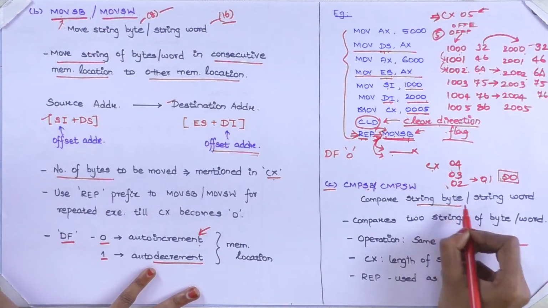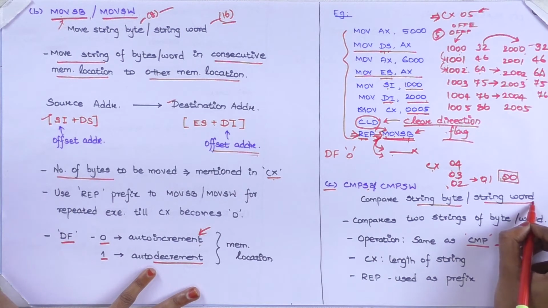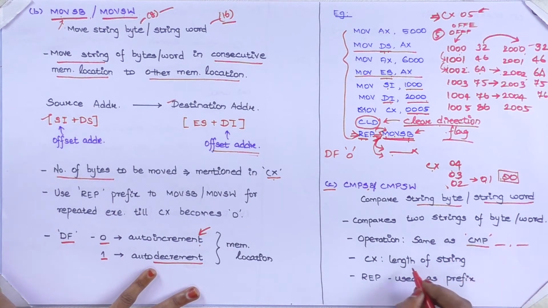The compare operation is the same as the normal compare instruction. It will compare the two operands mentioned in the instruction. Here you can perform a string byte compare or a string word compare. It takes consecutive memory locations and compares them.